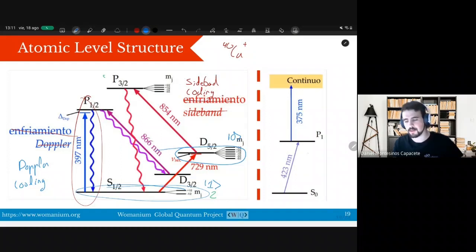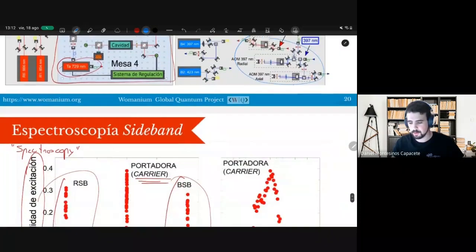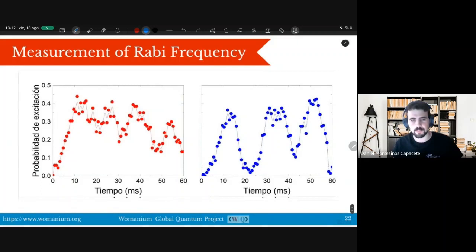Sideband cooling is a more complicated cooling procedure, but it will be needed in order to improve this result, because with this experimental data we were not really able to measure experimentally the radio frequency. We need another behavior, right? We cannot get any kind of information about this.